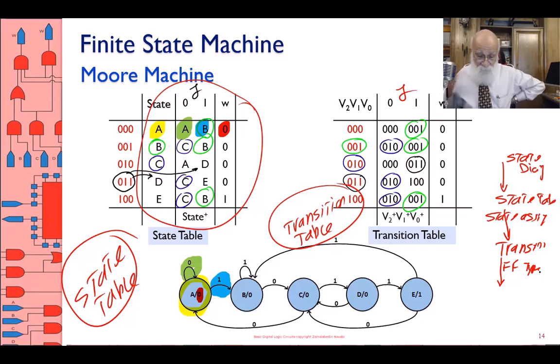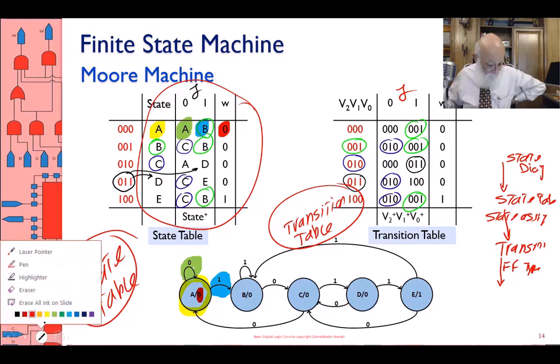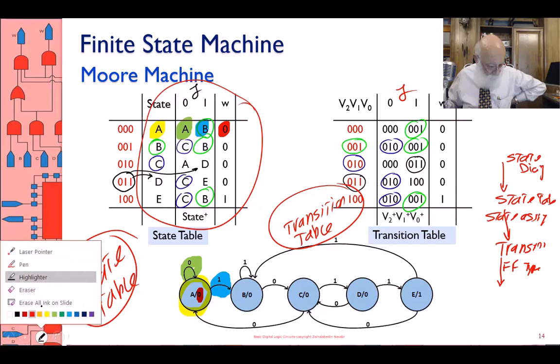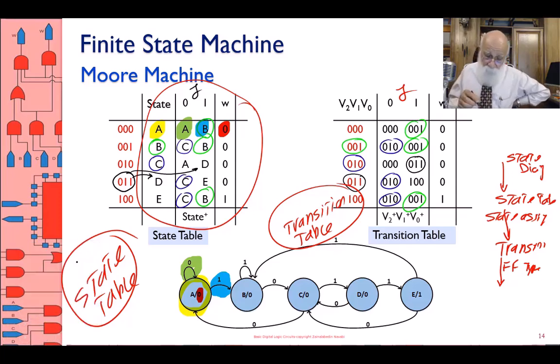Then, for a certain combination of inputs, if the next state is not changing, the T input has to be 0.